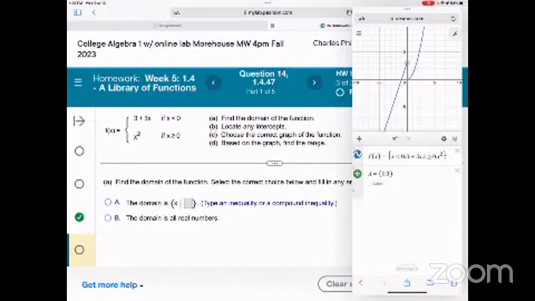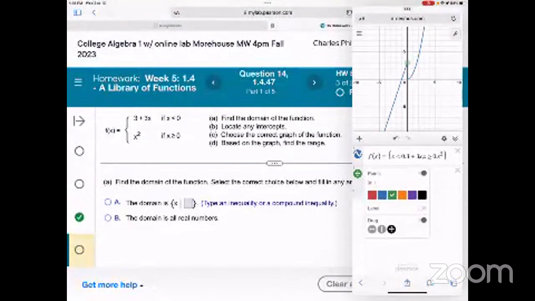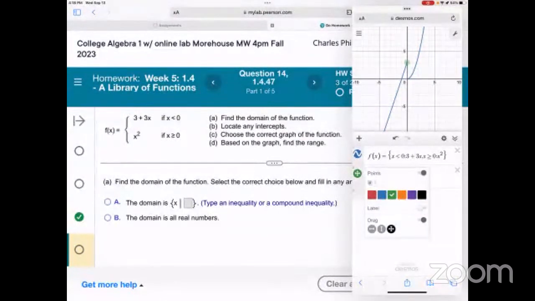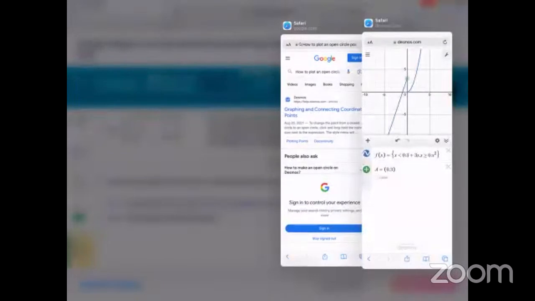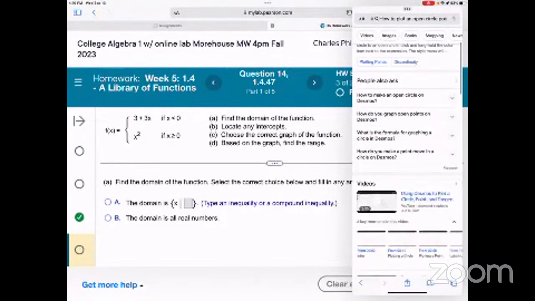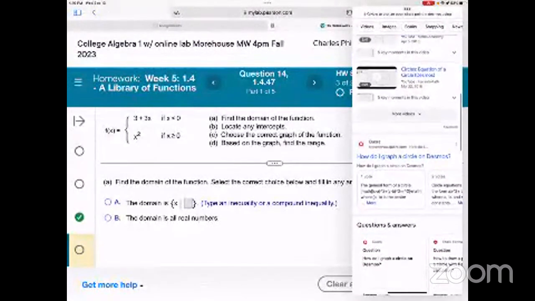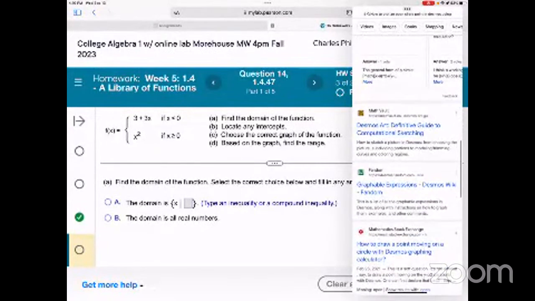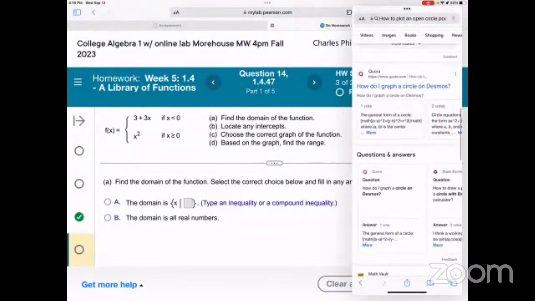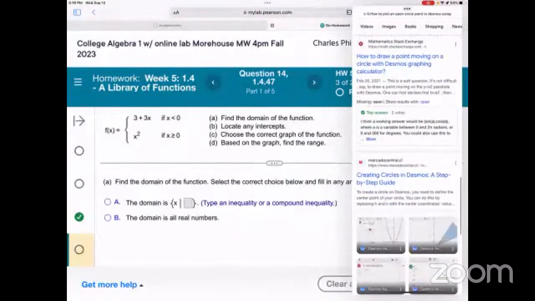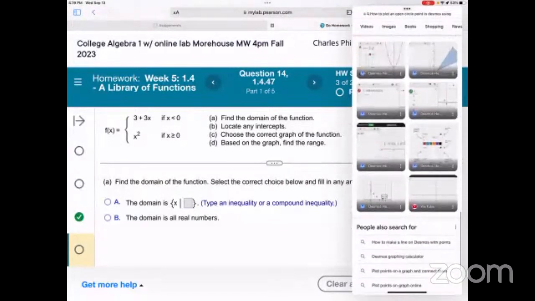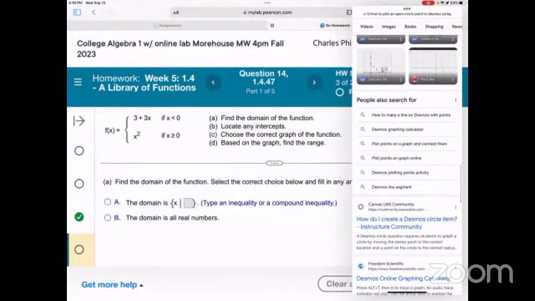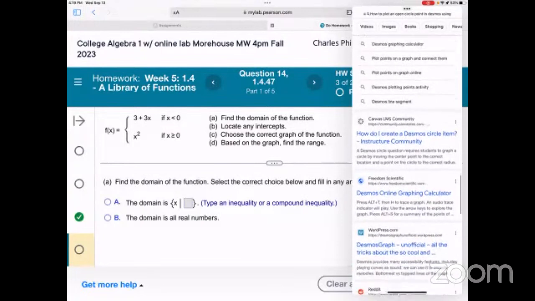So is it like this? Let me see what else it says.